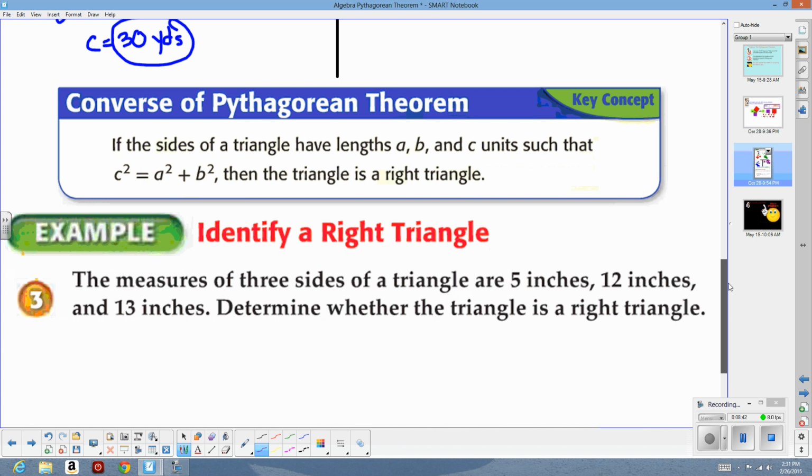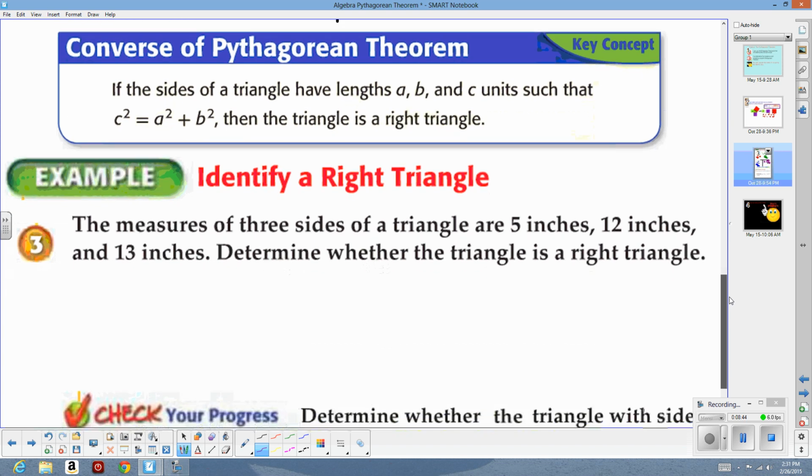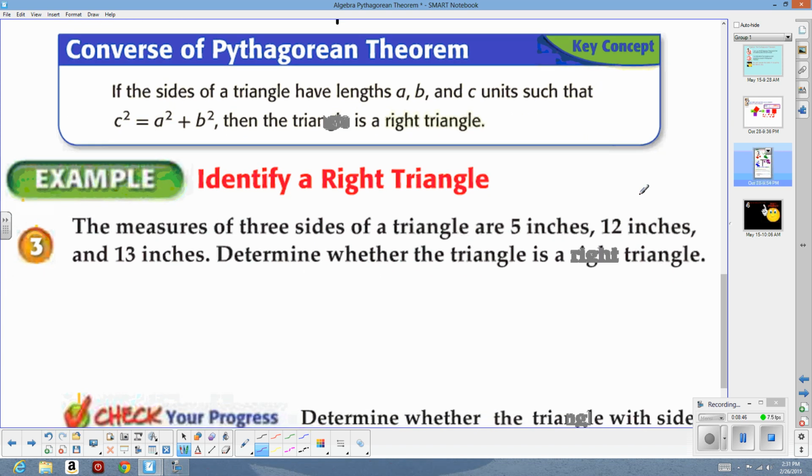Now the last thing we're going to do is kind of the reverse. We're going to check to see if a triangle is a right triangle by plugging its sides into the Pythagorean theorem to see if it works. It says the measures of three sides of a triangle are 5, 12, and 13 inches. Determine whether the triangle is a right triangle.